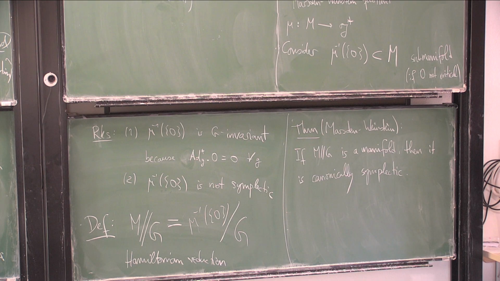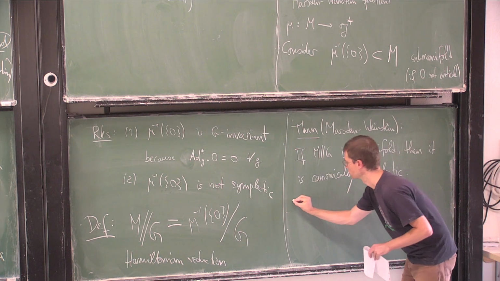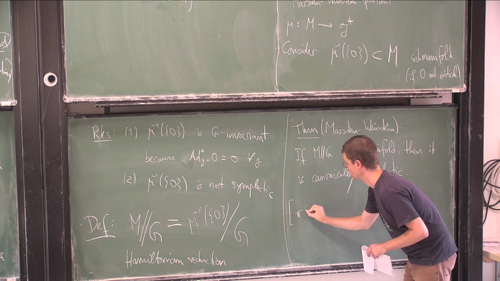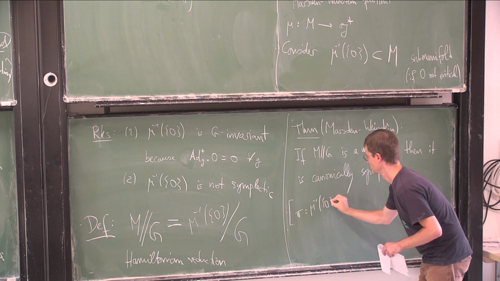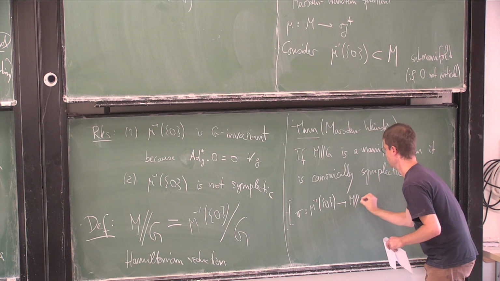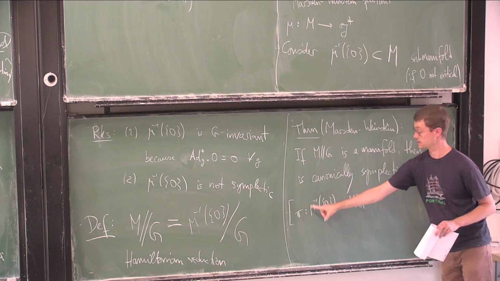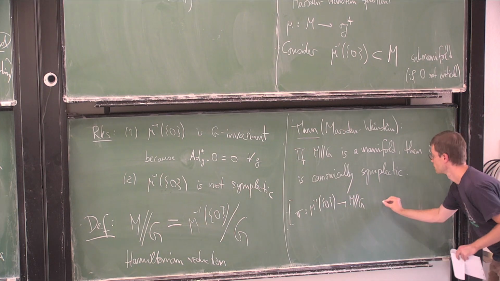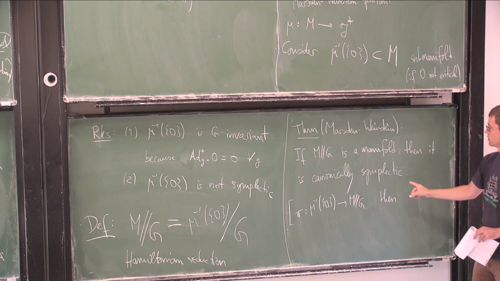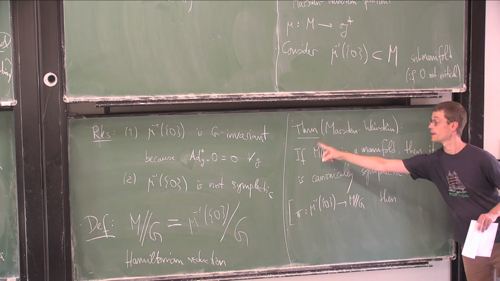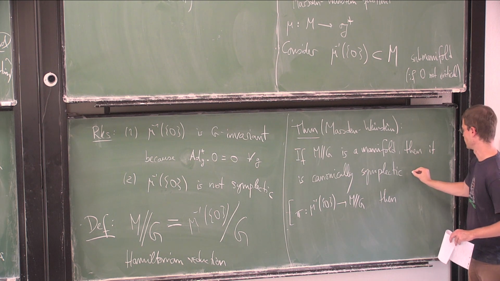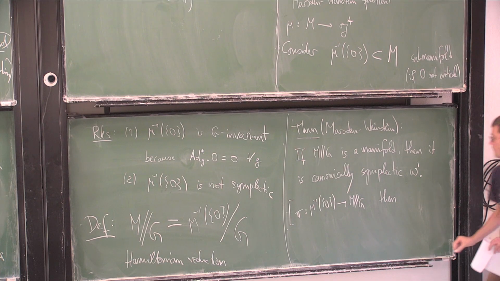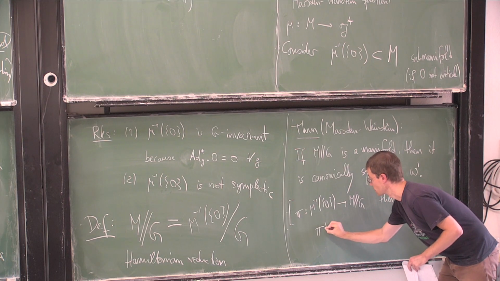Well, that's kind of a formula. Maybe I can write it. It's not very important. If I denote by pi the projection from the submanifold to the reduction space, so this reduction space is this quotient by G, then the symplectic form on this space, this canonical symplectic form, let's call it omega prime, is uniquely determined by the following property.